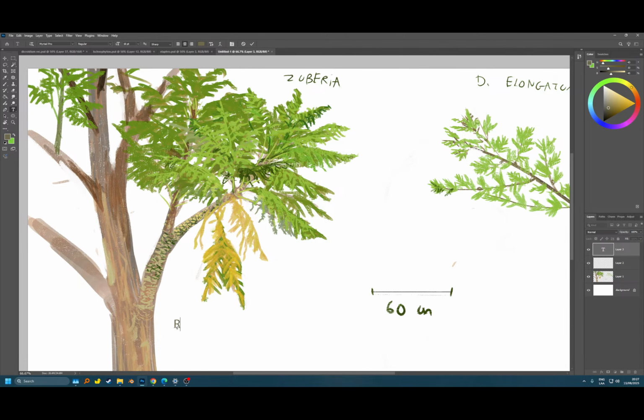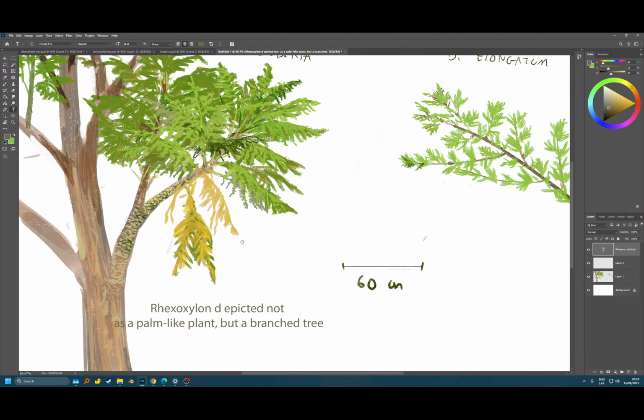Rexoxylon, a branched tree. Yeah. What happened here?